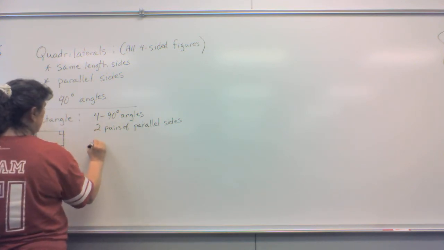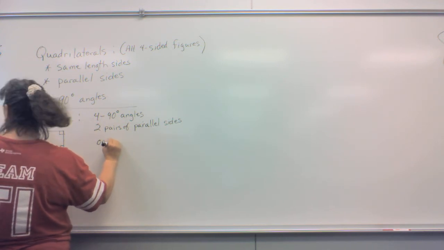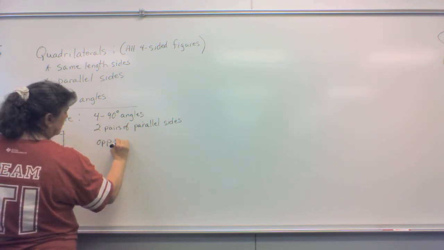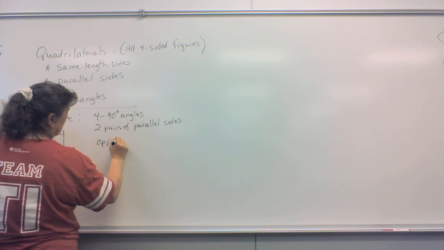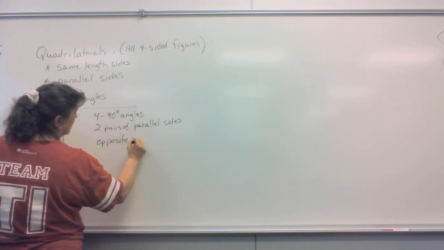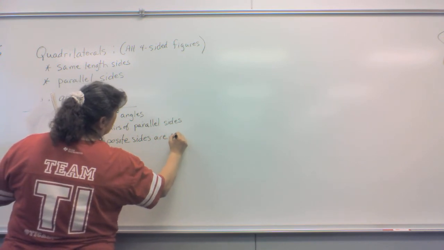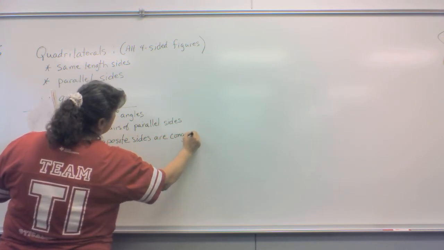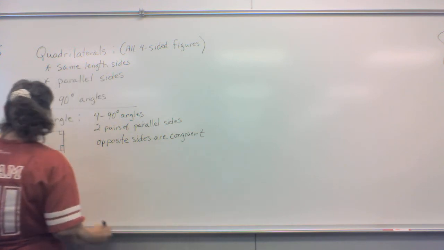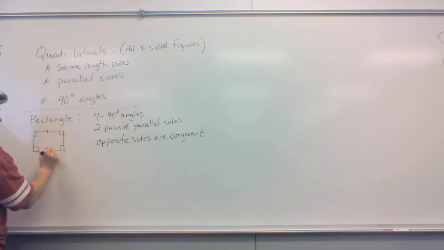And the last one is opposite sides are congruent. Hear that word congruent? It keeps coming back, doesn't it? In other words, this side is equal to this side is equal to this side. Those are the distinguishing aspects of a rectangle.